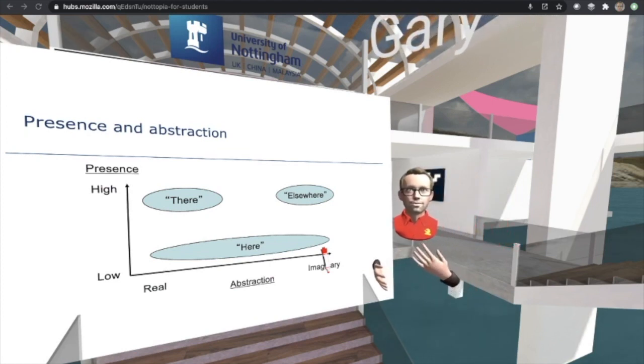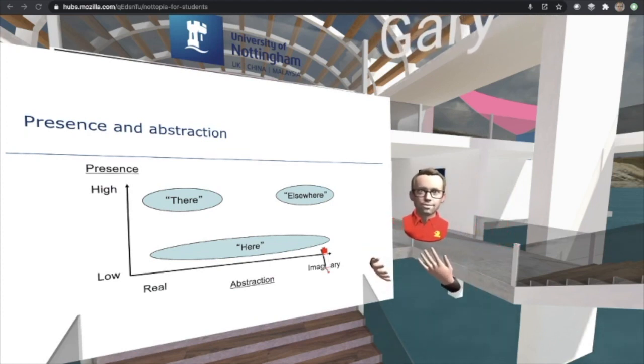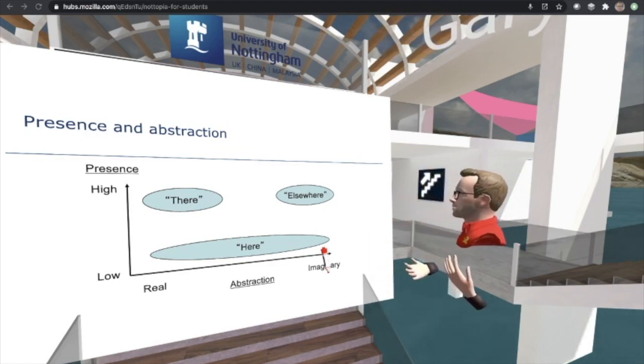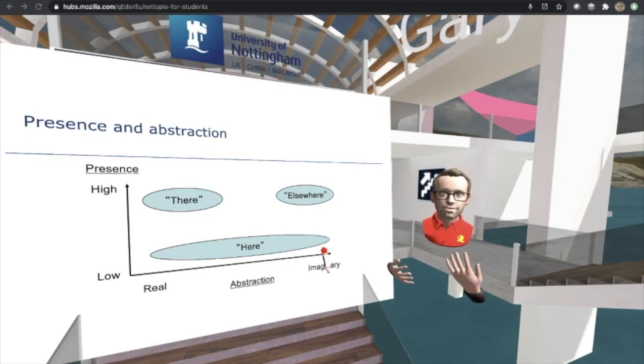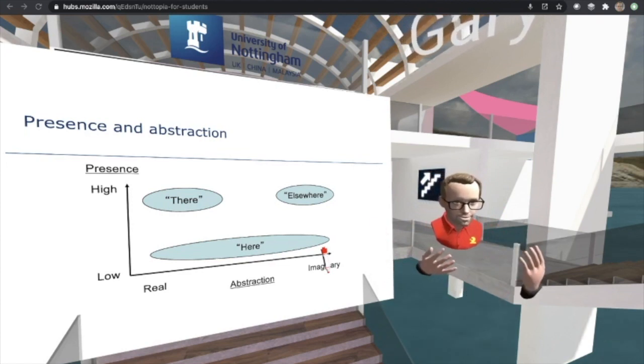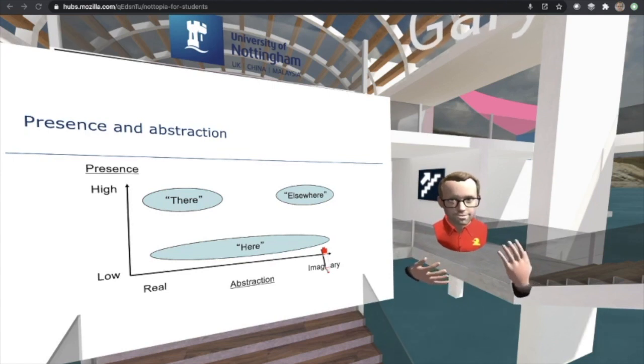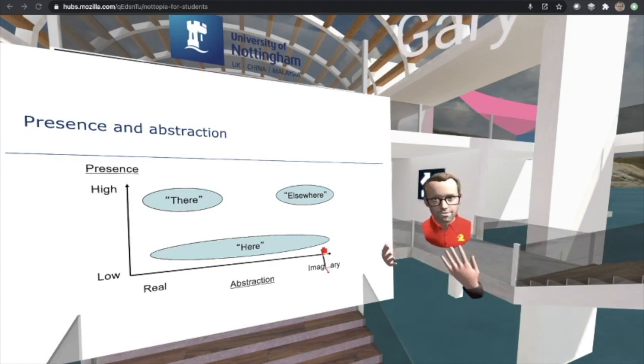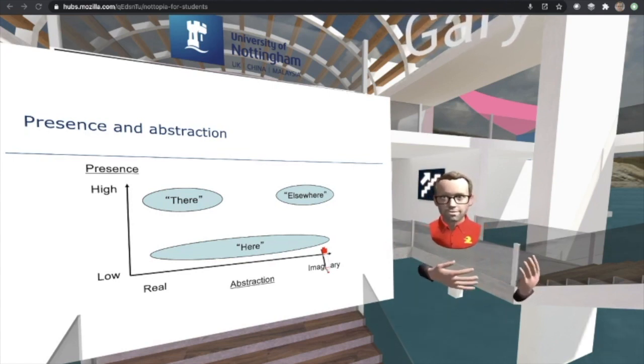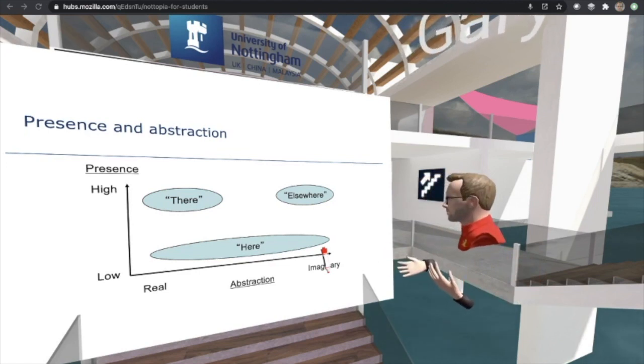So, this is sort of a simple way of representing the fact that presence isn't all about being somewhere, sort of believing that you're somewhere that you're not. We have to think about it in terms of relation to real worlds and to imaginary worlds.